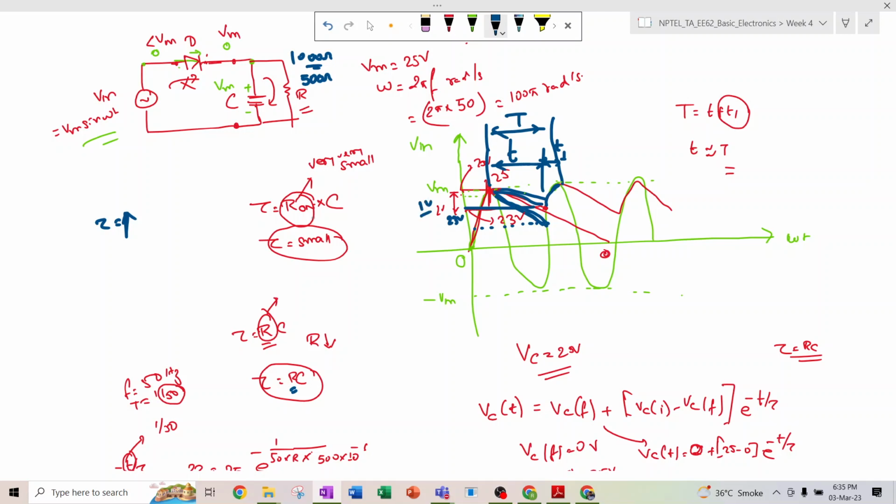And if this resistance value is small, then it will discharge more and it can come down to 22 volts, suppose. So there should be some limiting value of R for which it should not go below 23 volt. That means the ripple voltage should not go beyond 2 volt. So this 500 ohm is the limit of R, and that we found out.